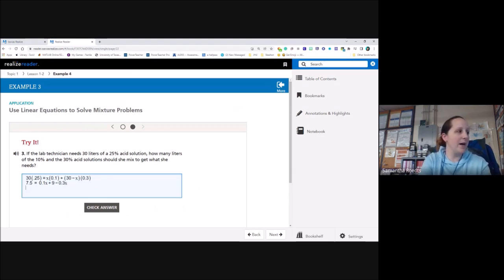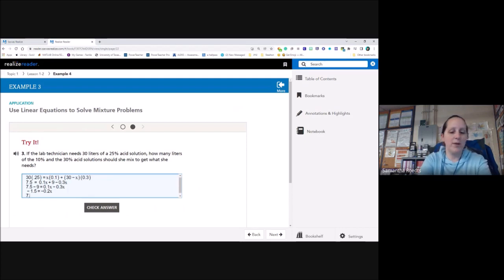Okay. Then I want to combine my like terms. So 7.5 minus 9 equals 0.1x minus 0.3x. So 7.5 minus 9 is negative 1.5 equals negative 0.2x. Then I want to divide both sides by negative 0.2.